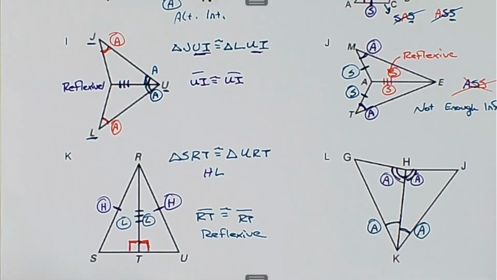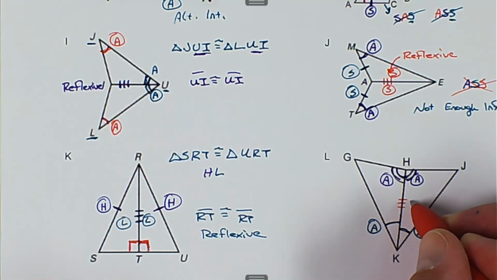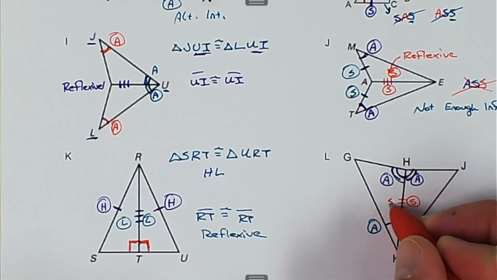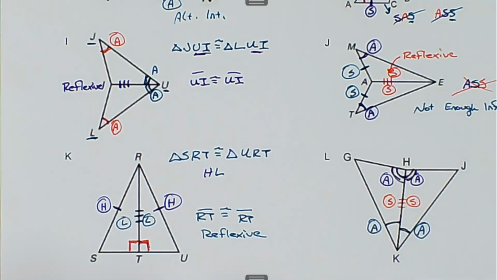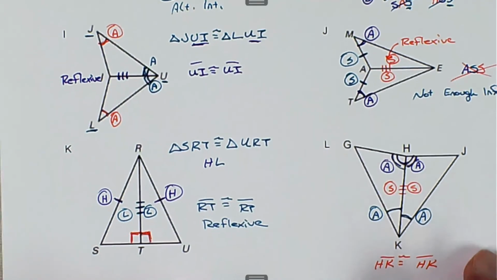And then we have the included side, by the reflexive property. So here we can say HK is congruent to HK, and that's by the reflexive property.